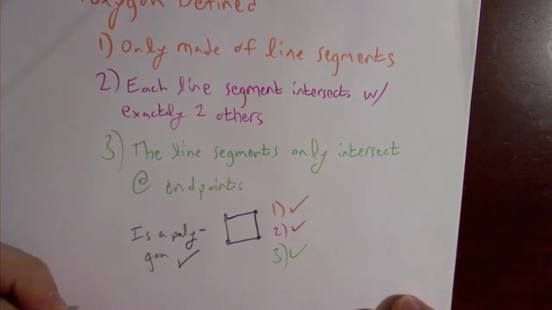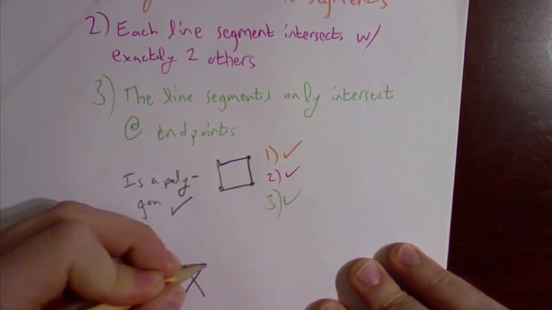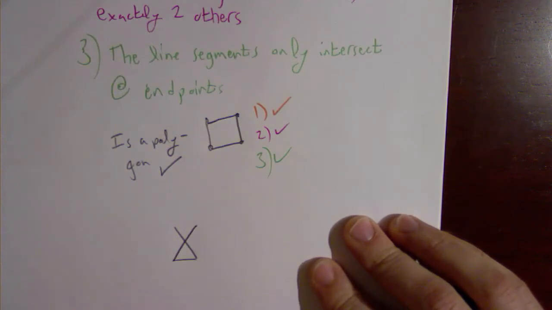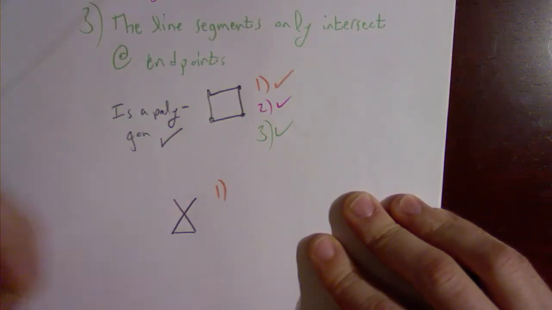and then see why. Let me draw another shape down here. What about this shape? Well, for 1, it's made up of only line segments. I have a line segment here, a line segment here, and a line segment here. So it checks off for number 1.